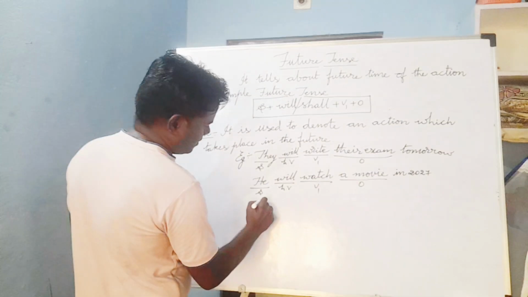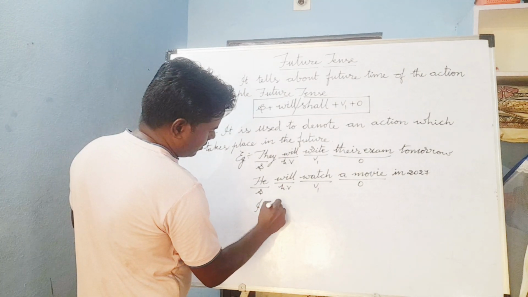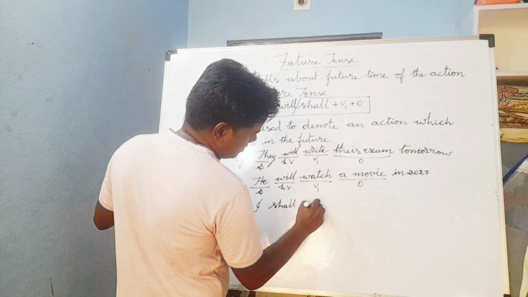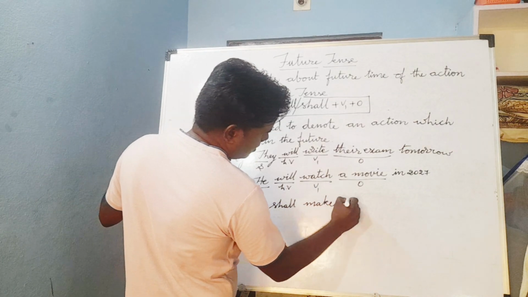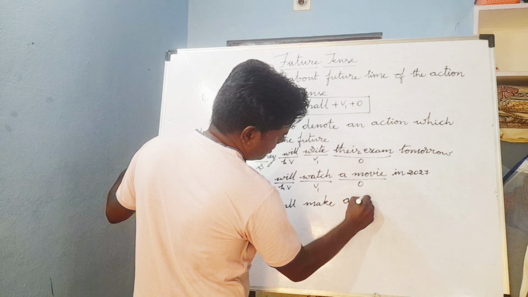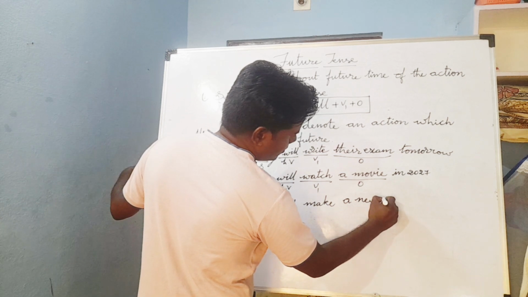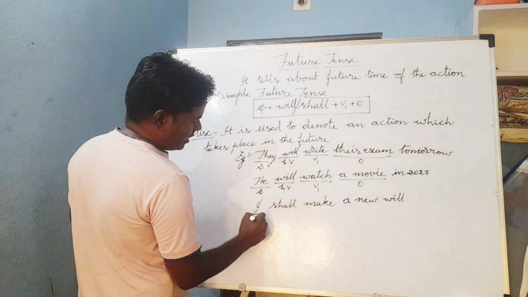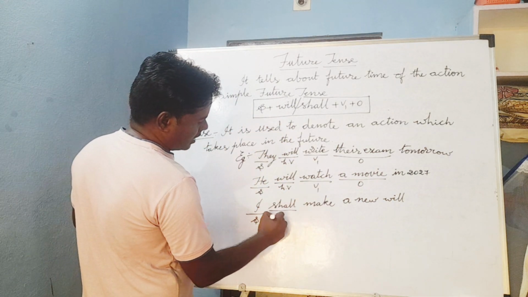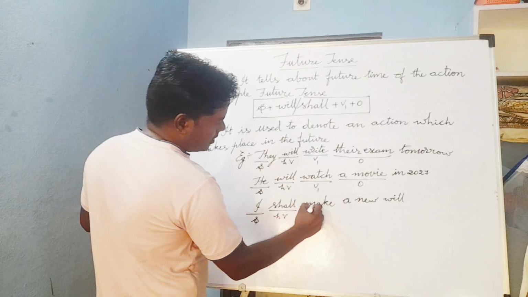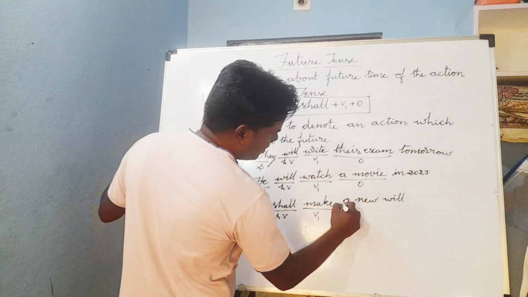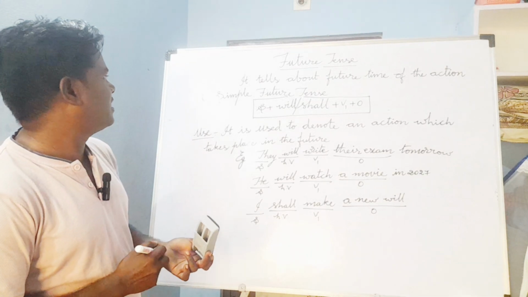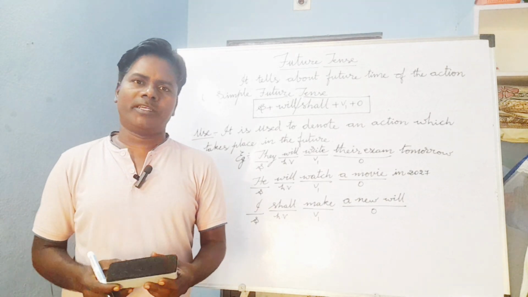Next, I shall make a new will. So I is subject, shall is helping verb and make is V1 form, a new will is object. So like that we use simple future tense.